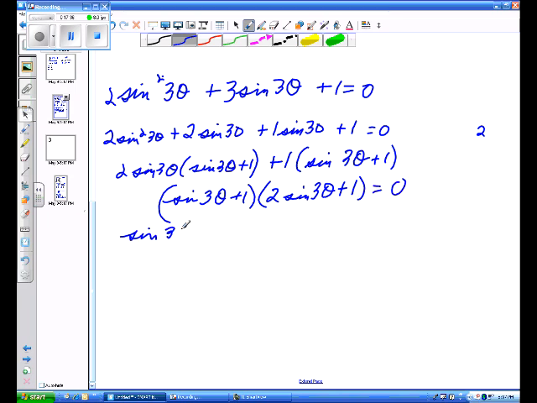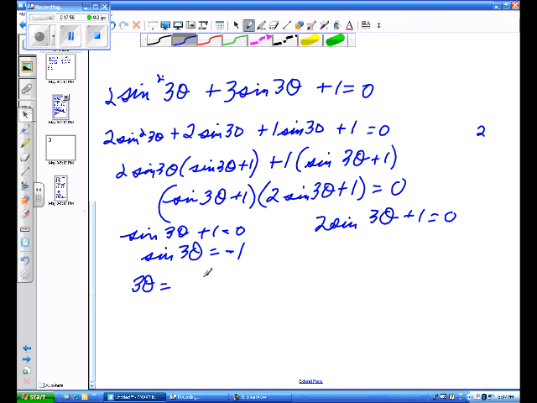So we set each factor equal to 0, so the sine of 3 theta plus 1 equals 0, and 2 sine 3 theta plus 1 equals 0. So the sine of 3 theta equals negative 1, which means the sine of 270, or 3 pi over 2.